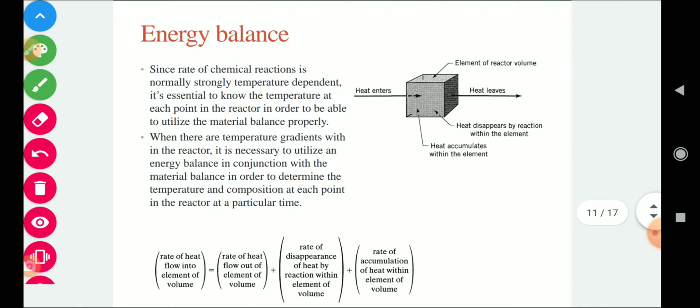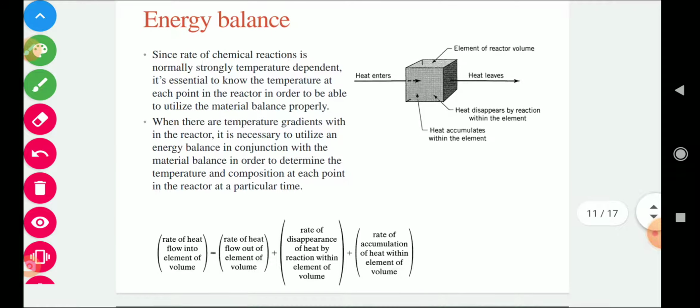Similarly, if we apply energy balance, again as per the first law of thermodynamics, the total energy is conserved. Whatever energy we provide in the system should be balanced. In that case, the rate of heat flow into the control element will be equal to the rate of heat flow out of the control element plus the rate of disappearance or production of heat by chemical reaction within the control volume.